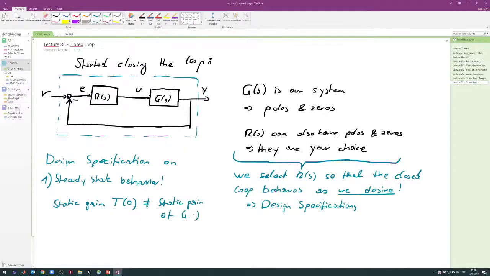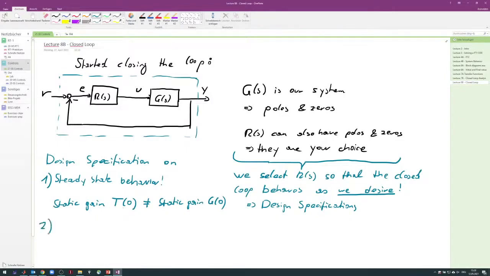I mean, this should be kind of clear. So we are changing how the system behaves in the closed loop.